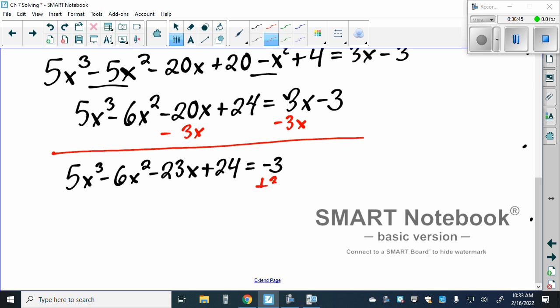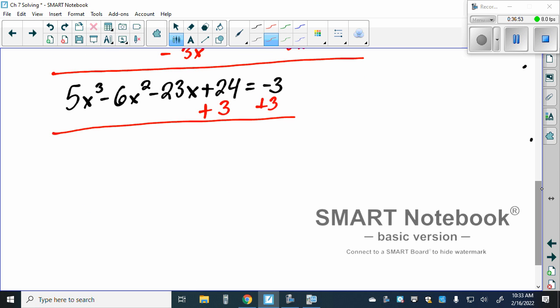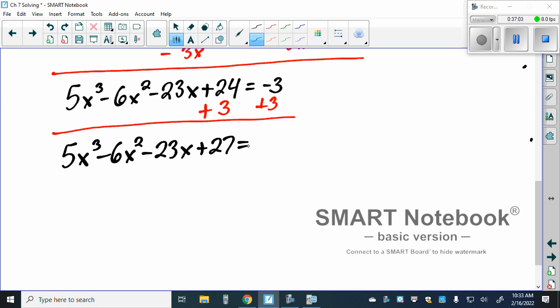Then we can add 3 to both sides. 5x cubed minus 6x squared minus 23x plus 27 is equal to 0.